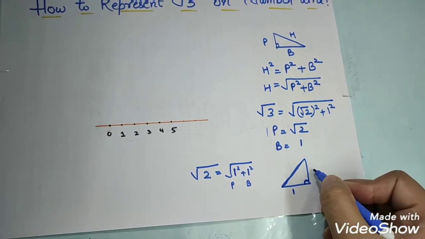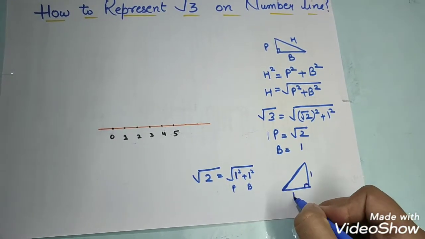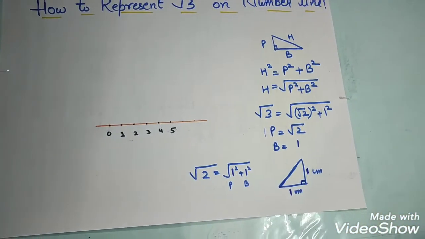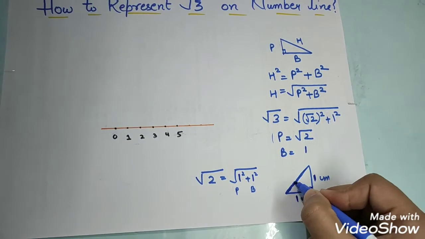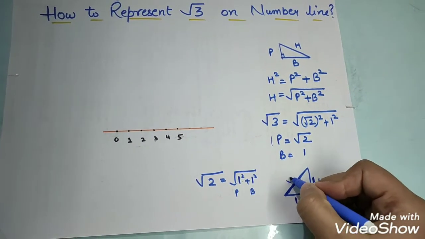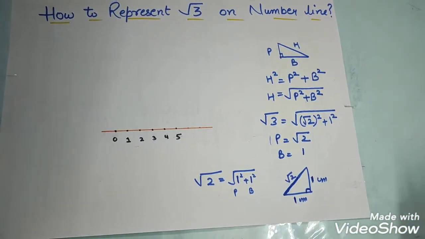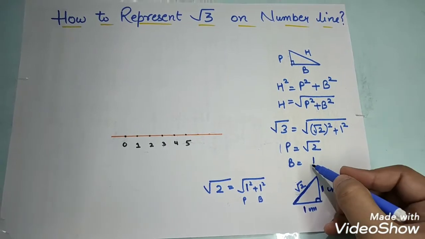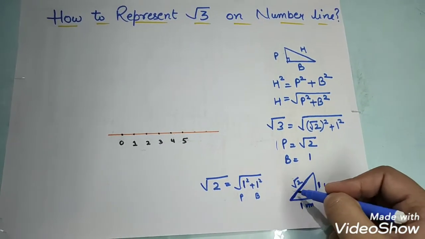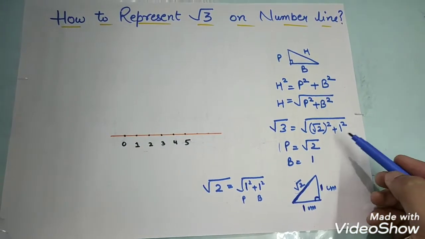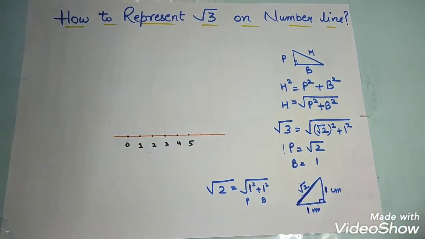Suppose this is perpendicular 1 and this is base 1, and perpendicular be 1 unit, right? So when we join these two points, रूट 2. Now taking this root 2 as base and making 1 as a perpendicular centimeter, we can form square root of 3.